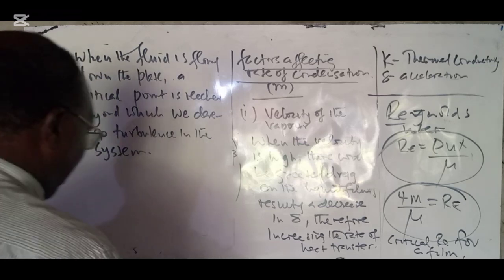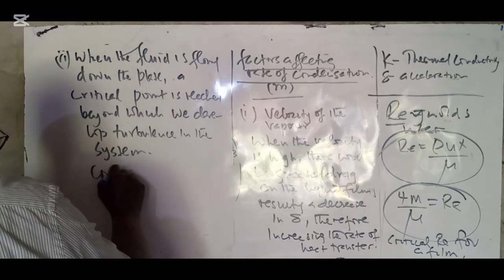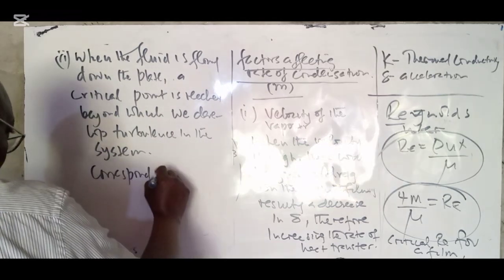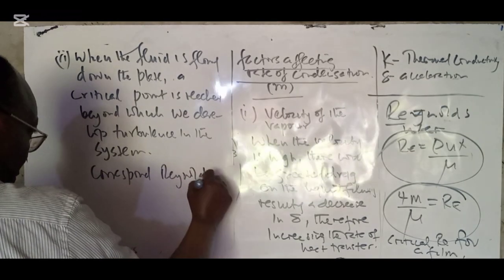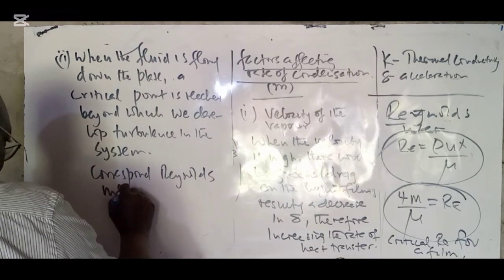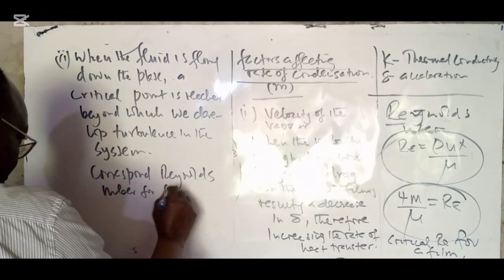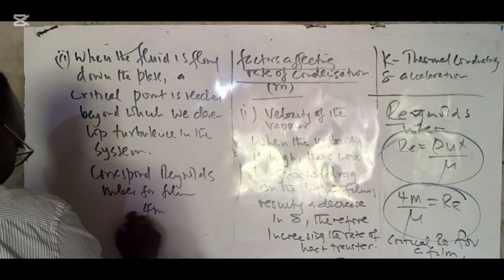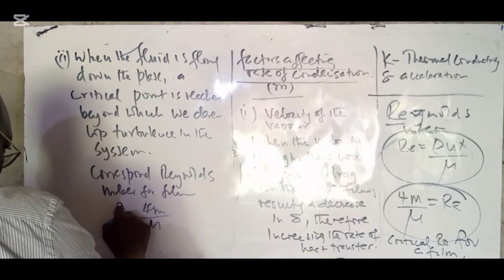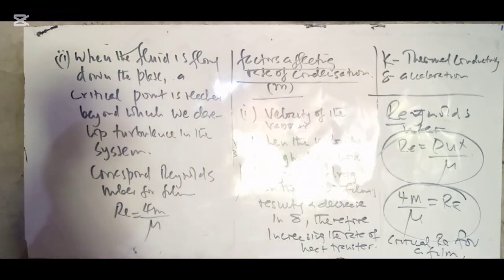And we think this corresponds to a Reynolds number for films of 4m over mu.